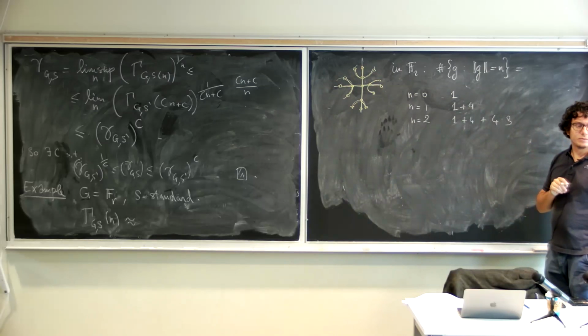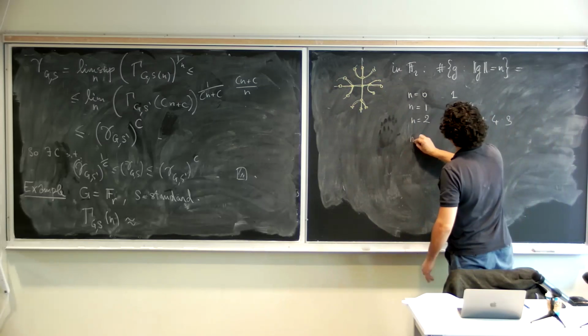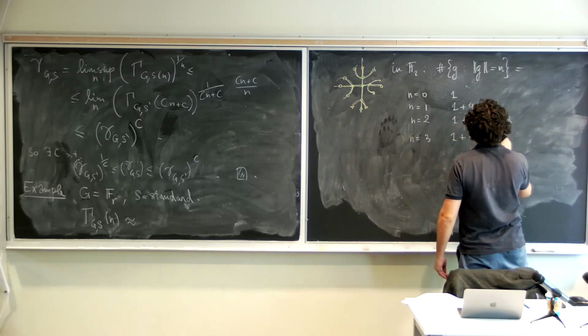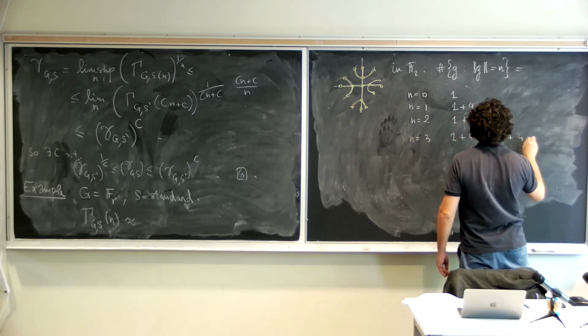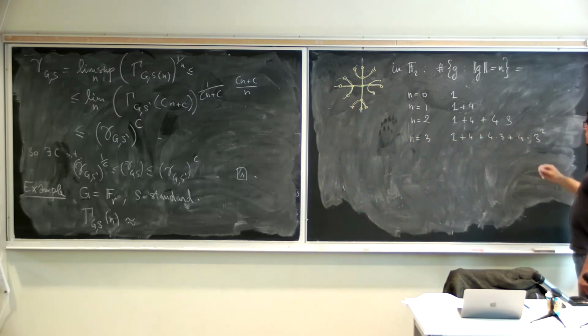If you do n equals 3, you get 4 times 3 squared. Every time you have three more elements than before. So the sphere of radius n has 4 times 3 to the n minus 1 elements.